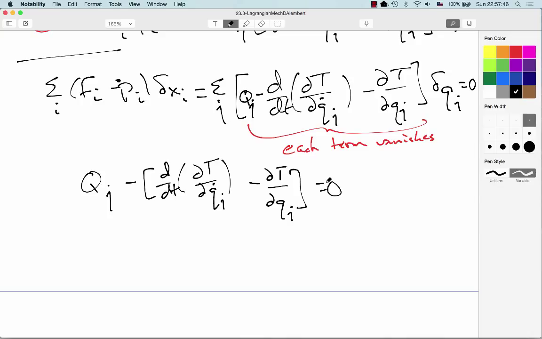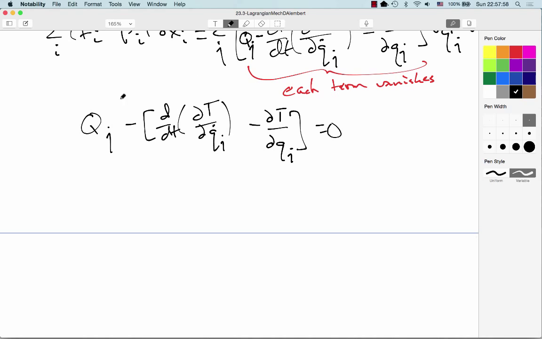But we remember what this is, right? We'd already worked that out. This is going to be related to the potential. So let's go ahead and transform it into our generalized coordinates. So this will be minus the sum over i of partial V partial xi partial xi partial qj, right?